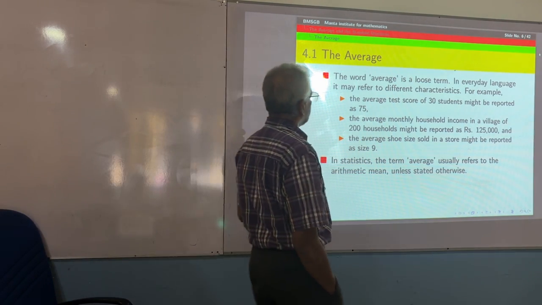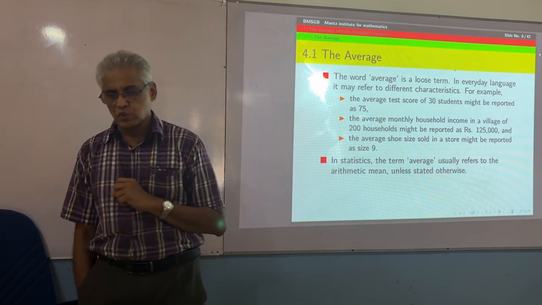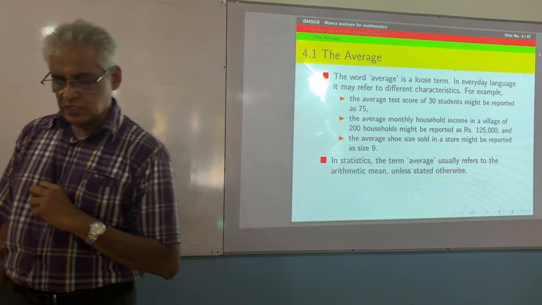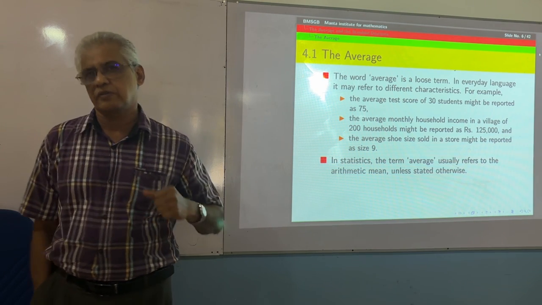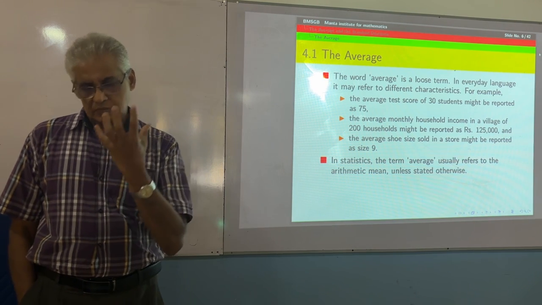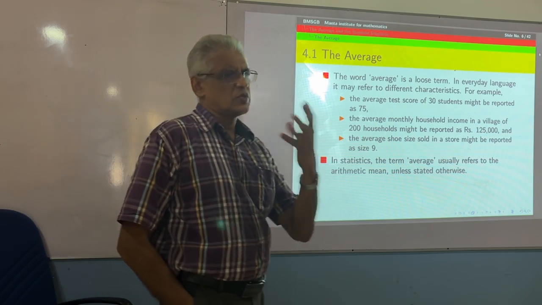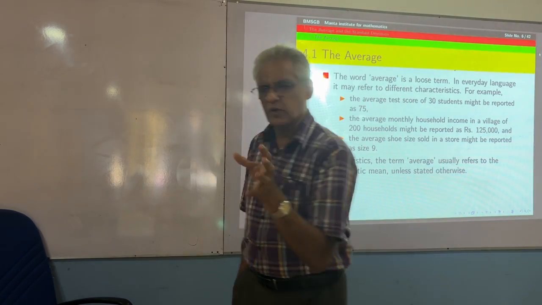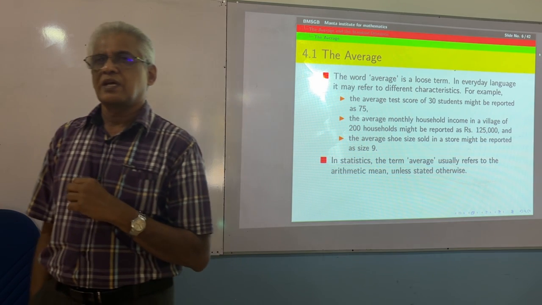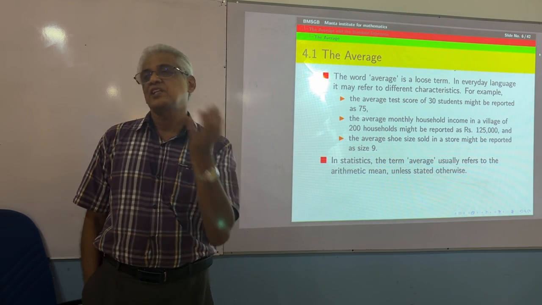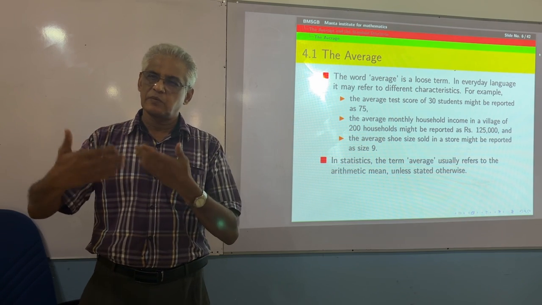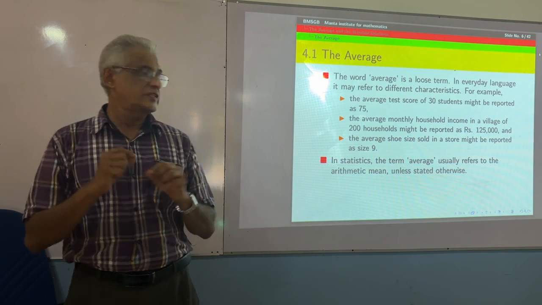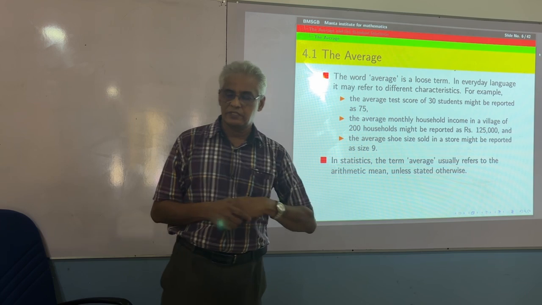For example, if somebody says the average test score of 30 students is 75. In almost all situations, when you talk about the average of some marks, that means the arithmetic mean, right? Adding all the marks of the students and dividing by the number of students. So they use the word average.